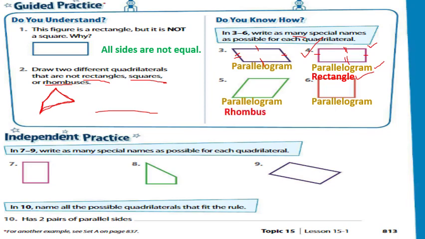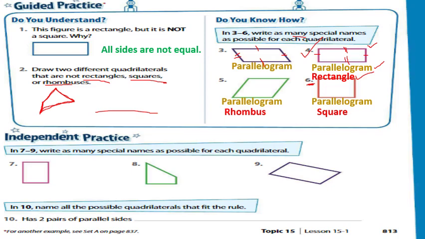Very good, it's a rhombus because it has four sides but the sides are not equal. And then question 6, what is it? Quickly tell me. Very good, it's a square because, excellent, all the sides are equal.